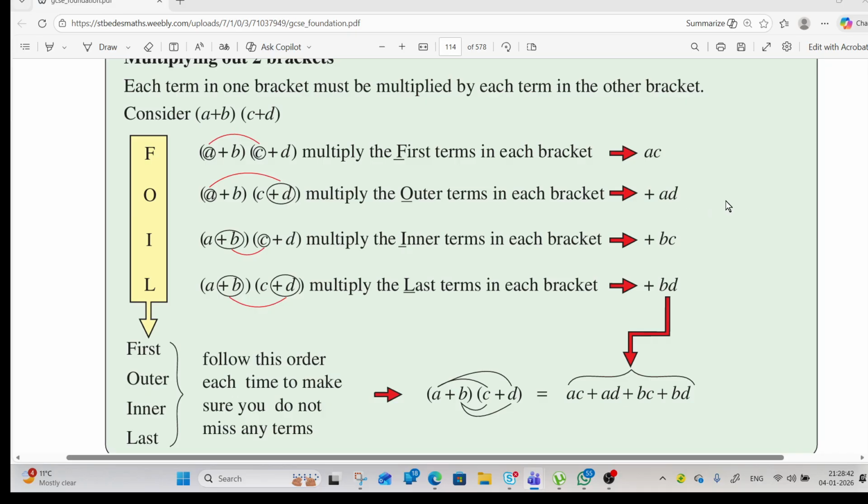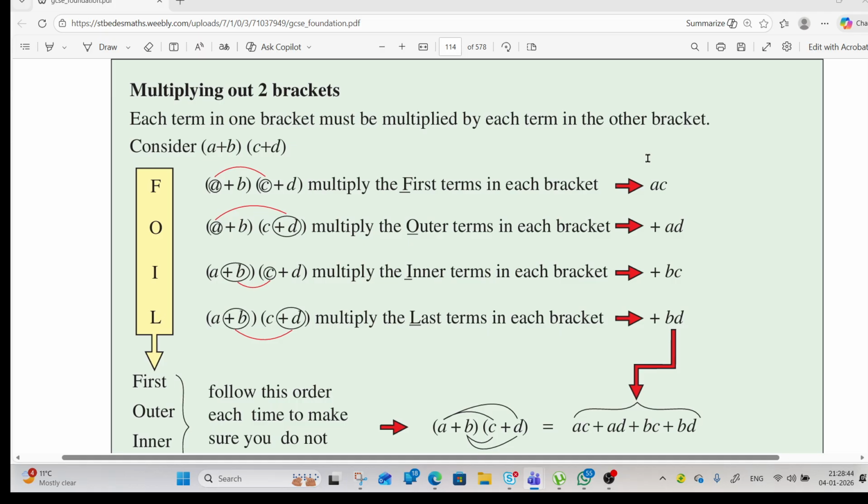So basically, for multiplying two brackets, what we are doing is applying this FOIL method. F stands for first, O is outer, I is inner, L is last. We multiply the first term in each bracket. Like first term in first bracket is A, in second it is C. So A times C. Then we multiply the outer terms in each bracket.